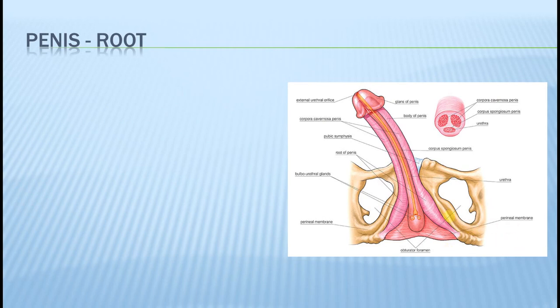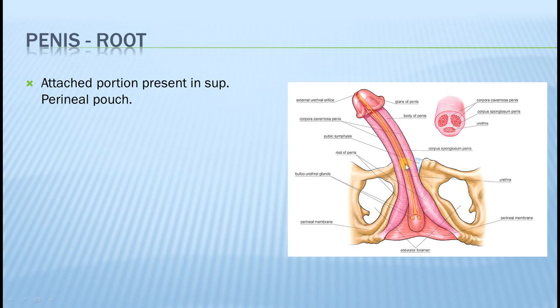The root is mainly formed by the two crura of the penis. Here you are able to see the two crura attached to the conjoint ischiopubic rami, called the crus or crura of the penis.